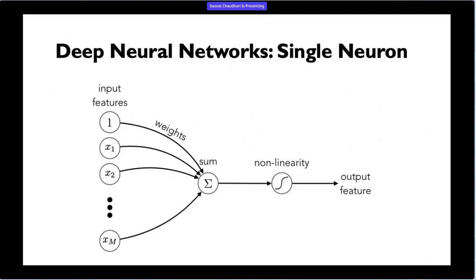You are taking in a bunch of inputs, which are real values. You're taking a linear combination of these inputs, and then you are passing the result through a nonlinear transformation, of some very specific forms, and then you are getting an output.